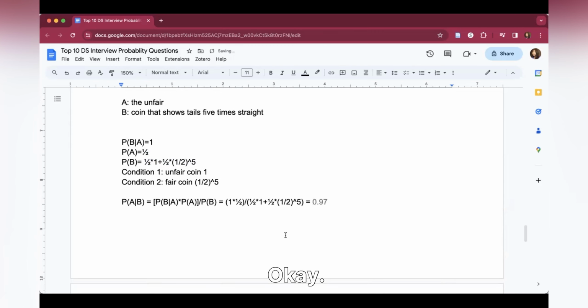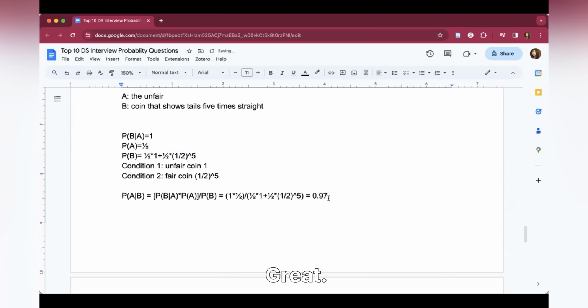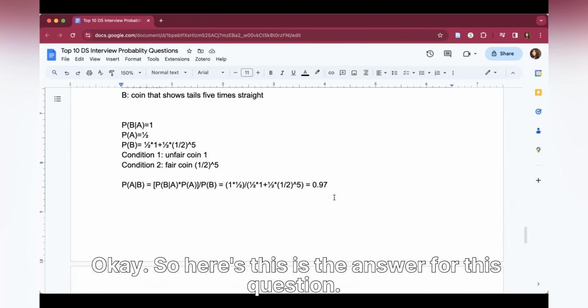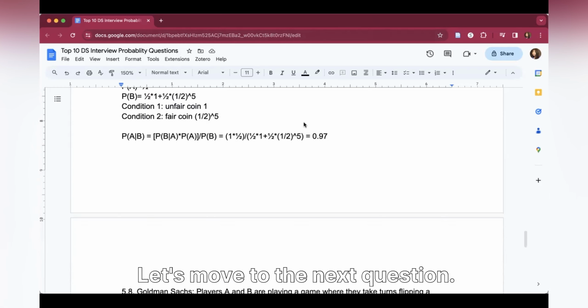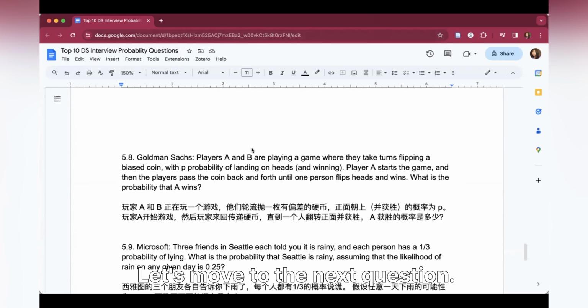Okay, so the answer here, great, it just gave it to me: 97%. So this is the answer for this question. Let's move to the next question.